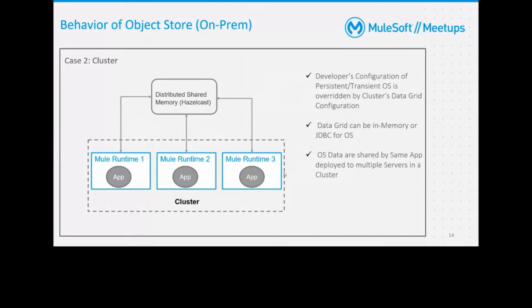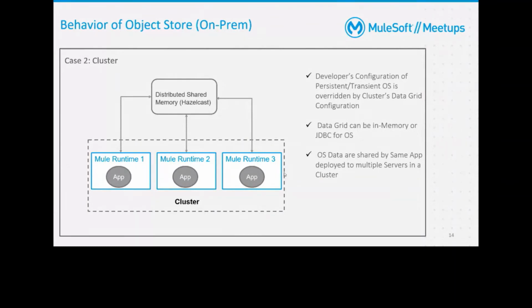Whenever we have a cluster scenario where we have Mule runtime 1, runtime 2, runtime 3, everything in a cluster, and you want the applications to share data, this is achieved internally by the object store data being shared in distributed shared memory, or Hazelcast. Hazelcast is a library framework used internally by MuleSoft.